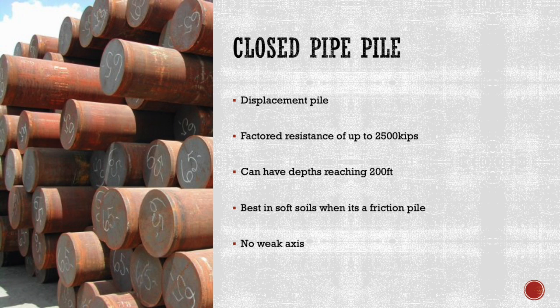Closed pipe piles are displacement piles, which function perfectly as a friction pile in softer soils. Often this steel pile can be filled with an adequate amount of concrete to increase the bearing capacity. This pile has a resistance of up to 2,500 kips and can have a depth reaching 200 feet.